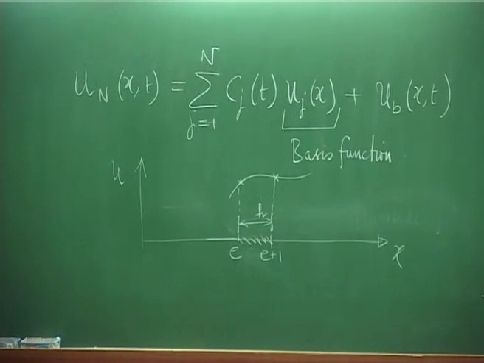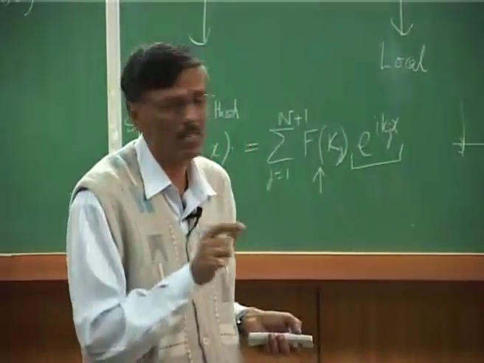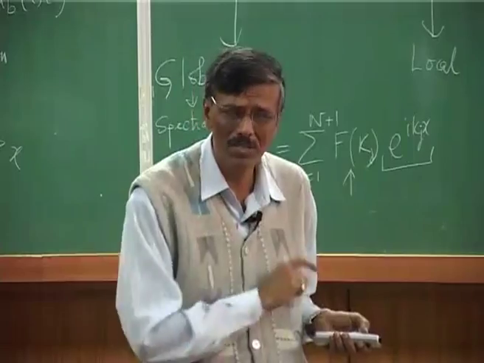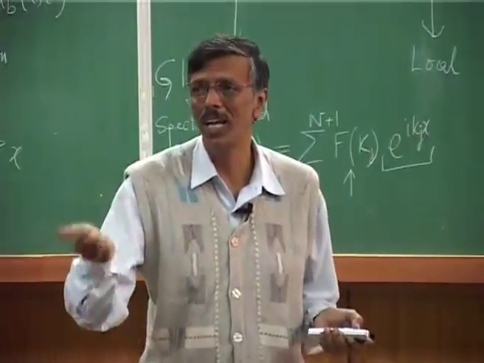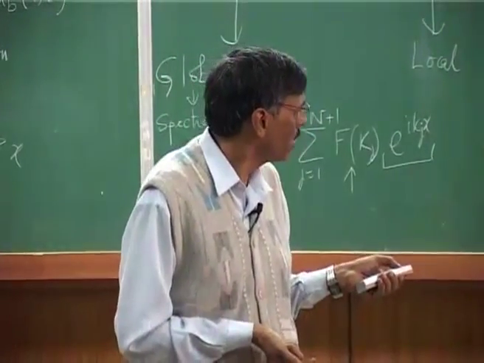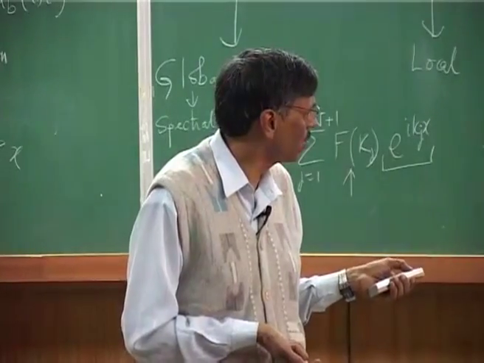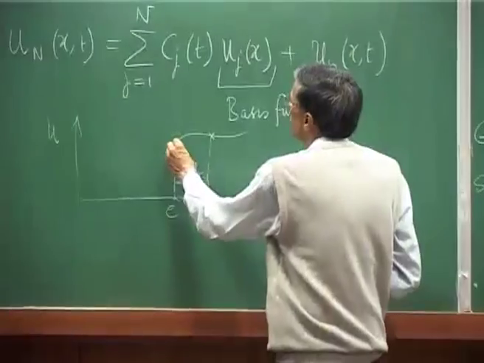What is this function? This is what we are going to prescribe as the dependence. Most of the time they are taken as a low order polynomial, either a linear basis function or quadratic, or in the spectral element method you can take a little higher order dependence, but this part is what you prescribe, and this is the solution that you are trying to pick up.